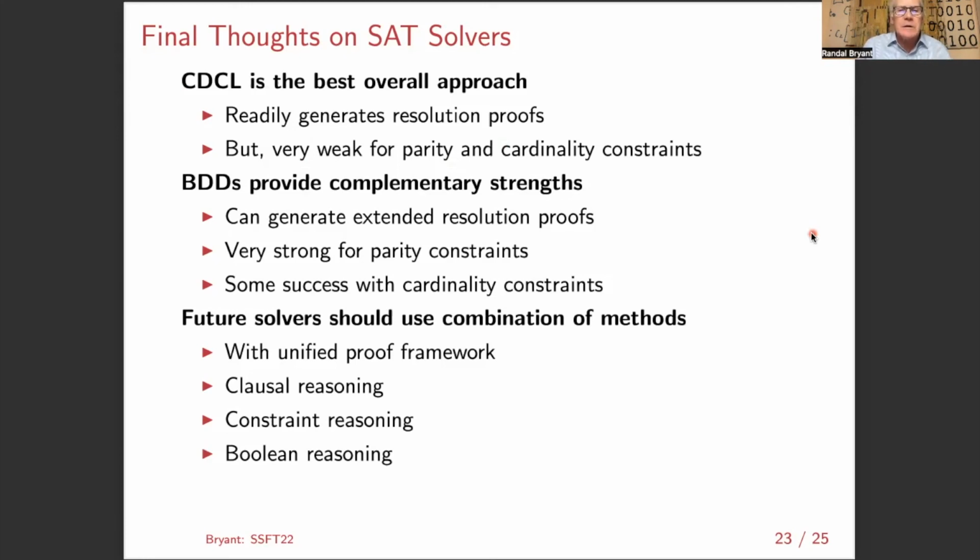We showed directly here for parity constraints, and our paper from TACAS 2022 also showed we could handle certain types of cardinality constraints, including the pigeonhole problem. So what I'm promoting is this idea that maybe we could come up with combinations. We could have essentially a collection of engines that are good for different classes of formulas: clausal reasoning, BDD-based reasoning, parity constraints, other types of constraints.